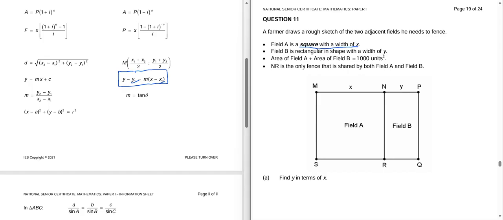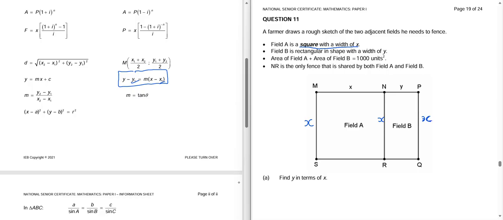What does that mean? It means that all the sides are of length x, but here only one has been labeled x. So it is your duty to know that this will also be x. Also this other side will be x, this one will be x, and also PQ will be x. Like you can see with your eye.